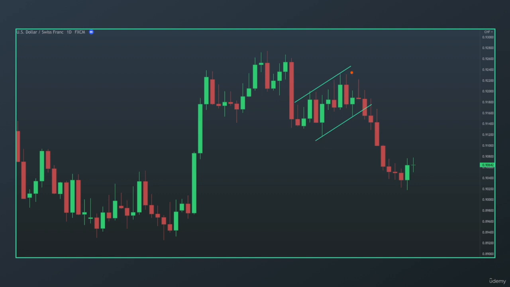This flag pattern also ended at a resistance level. This level was tested before. We will wait for a breakdown and then invalidation above the high, first target recent support, and second target a measured move. All right.